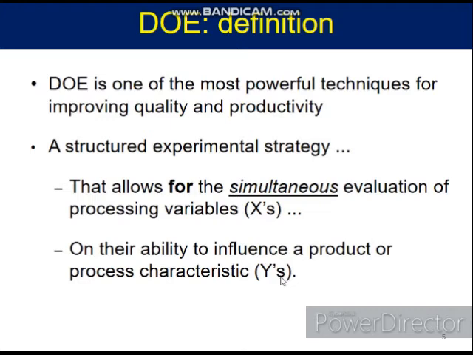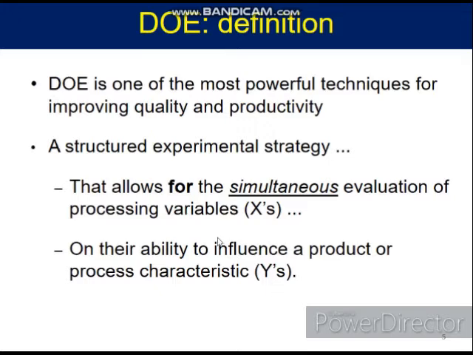And Y, the output of the experiment or product or process characteristic, can be many. I mean, you can have more than one output response. For example, if you want to look at the impact of the input variable X on the softness of the bread, the color of the bread, or, let's say, the taste of the bread, you can do that.